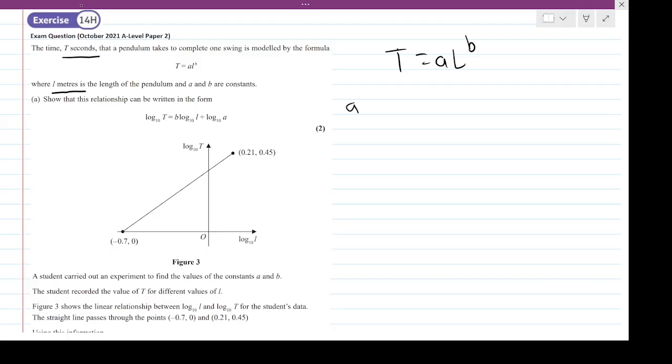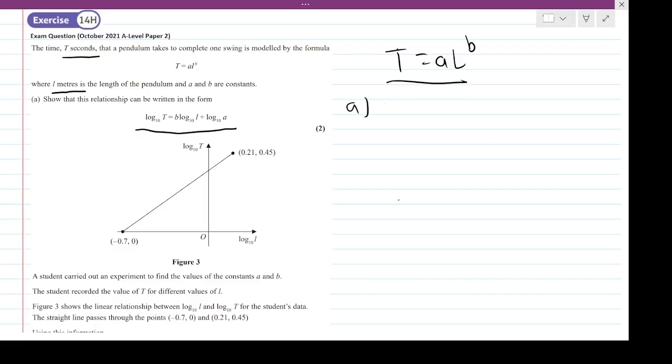Okay, so it says part A. Show that this relationship, in other words the formula, can be written in this form here in terms of logs. So I'm just going to take logs of both sides.